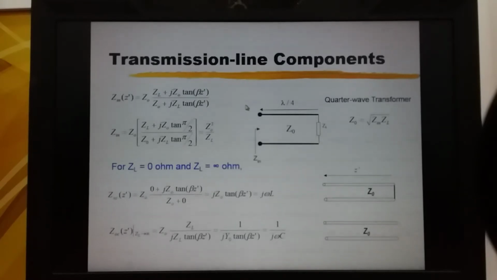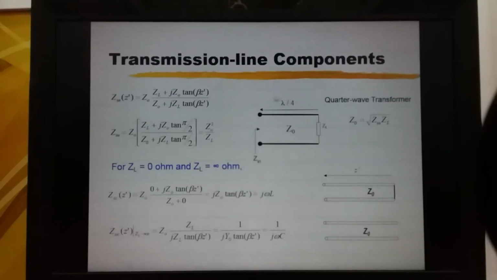Like the transformer at low frequency application, we can transform a voltage from a small voltage to a large voltage, or from a large voltage to a small voltage, or in other words, step up or step down, using this quarter wave transformer.